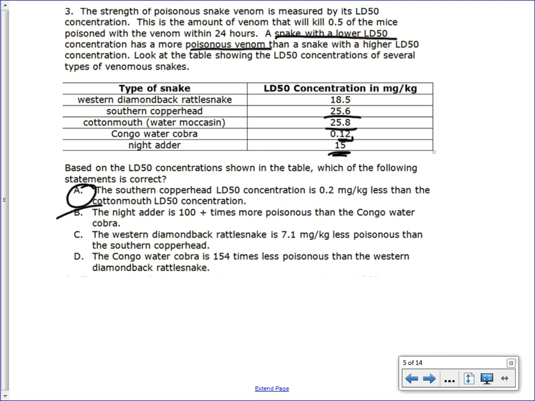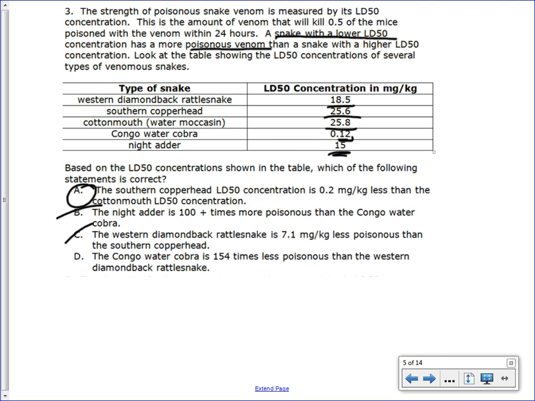On C, the western diamondback rattlesnake is 7 1/10 less poisonous than the southern copperhead. If you look at the southern copperhead, it's at a 25.6. If you look at the western diamondback, it's 18 5/10. The western diamondback is more poisonous, not less poisonous than the southern copperhead, because of the lower LD50.